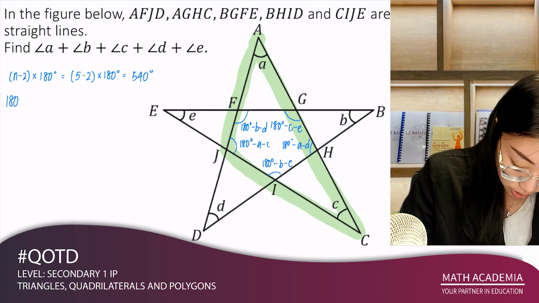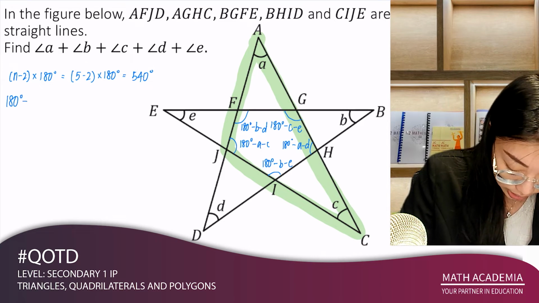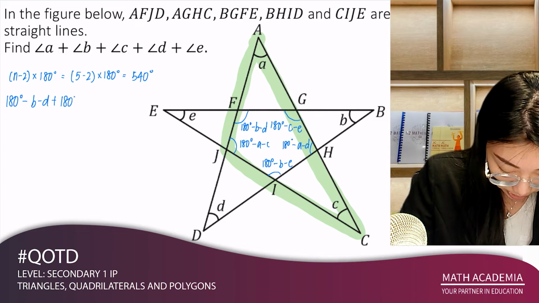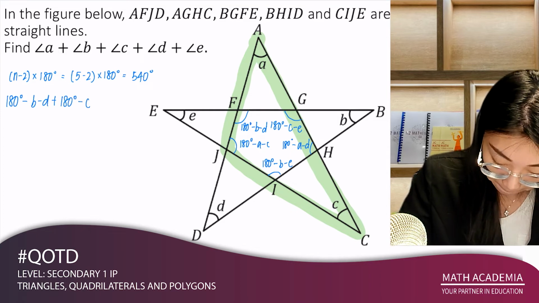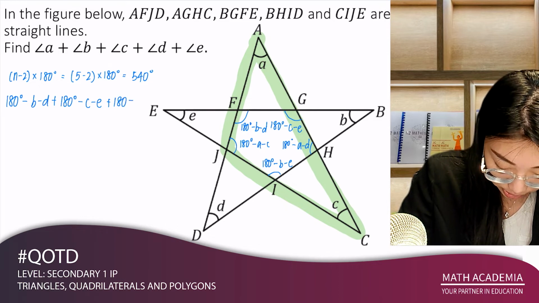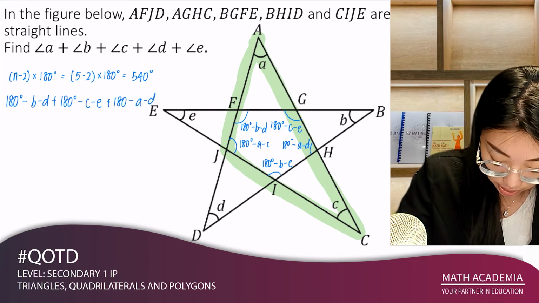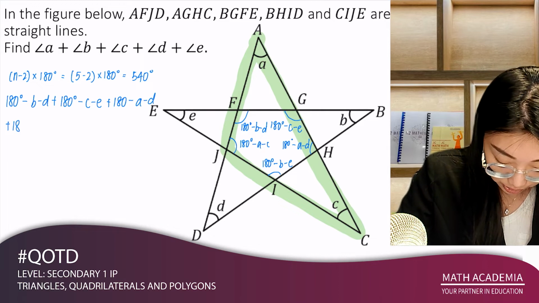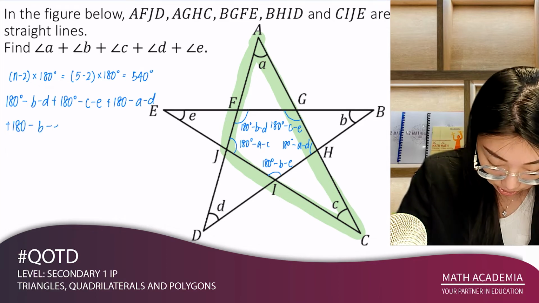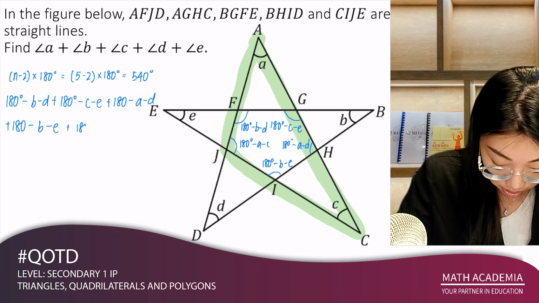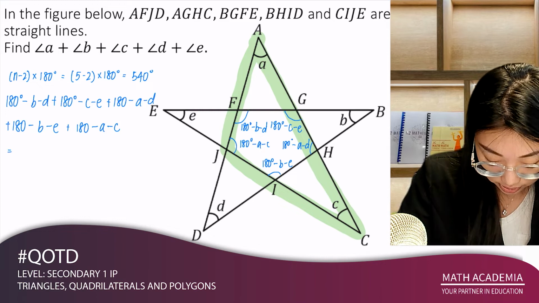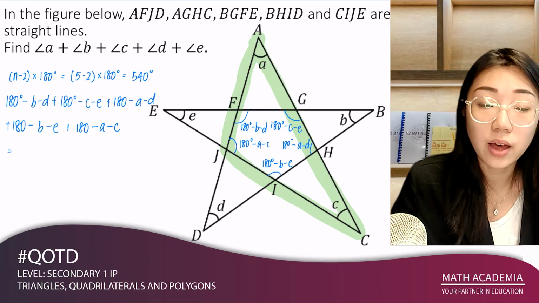So if I add all of them, I'll get 180 minus B minus D plus 180 minus C minus E plus 180 minus A minus D plus 180 minus B minus E plus 180 minus A minus C. Let's simplify my expression.